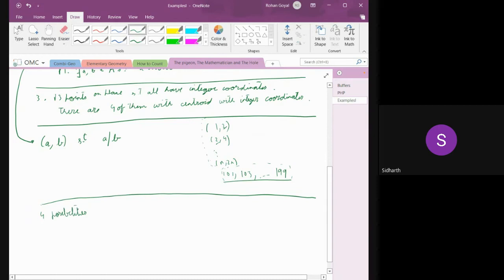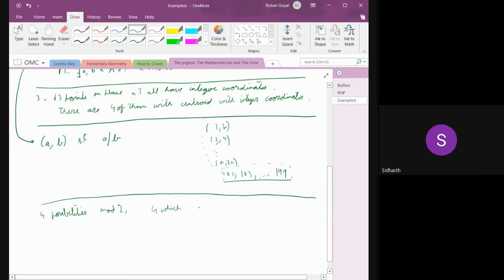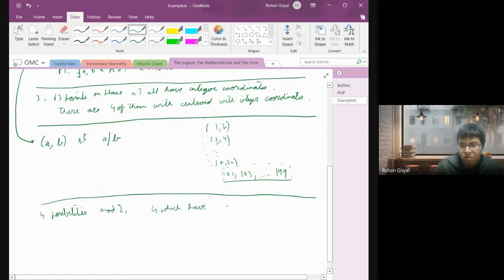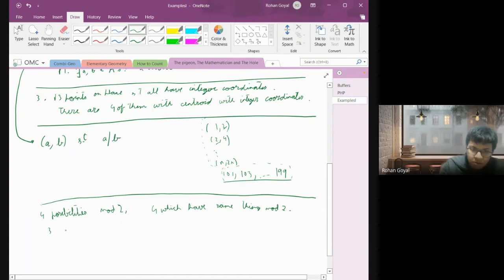And then taking away those 4, you get 9. Excluding those 4, from the 9 by 4, you get 3 that have the same coordinates mod 2.